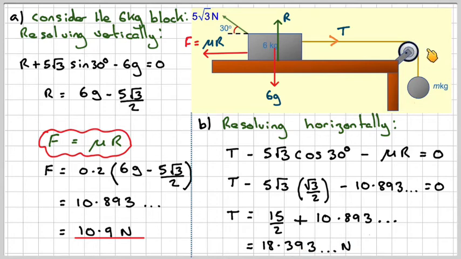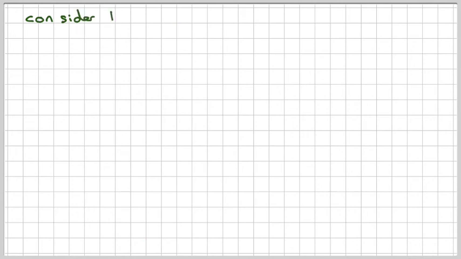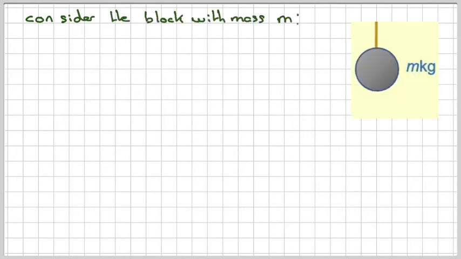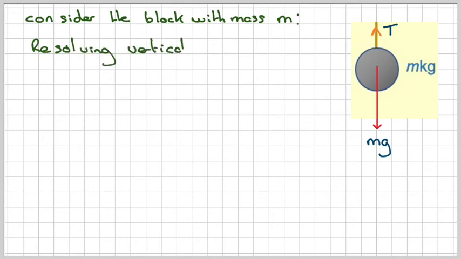Now looking at this bit only, so consider the mass m. The forces on that are mg acting downwards and T acting upwards. It's not moving, so it is in equilibrium. So resolving vertically, we're going to have T minus mg is equal to 0.